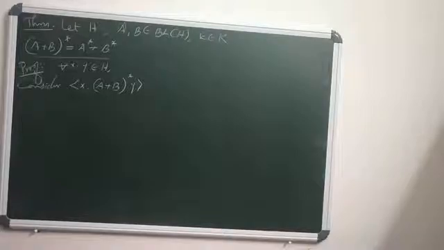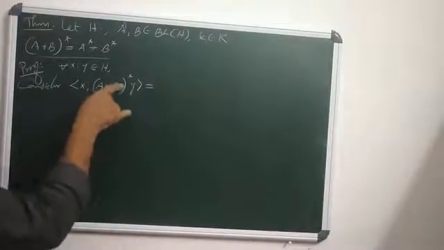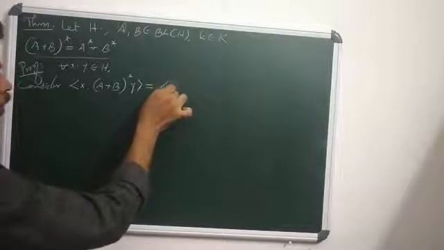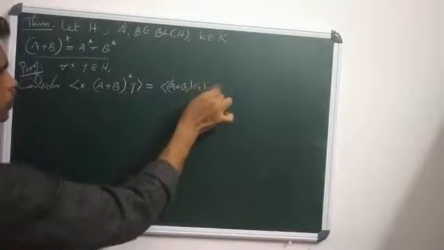Since A and B are in BLH, and A star and B star are the respective adjoints, inner product x, A plus B star of y equals inner product A plus B of x, y.